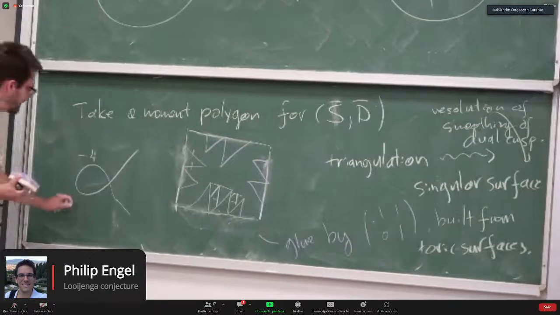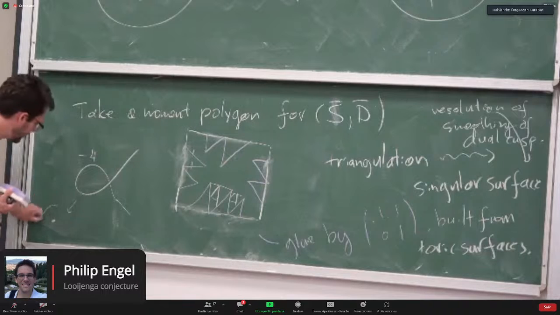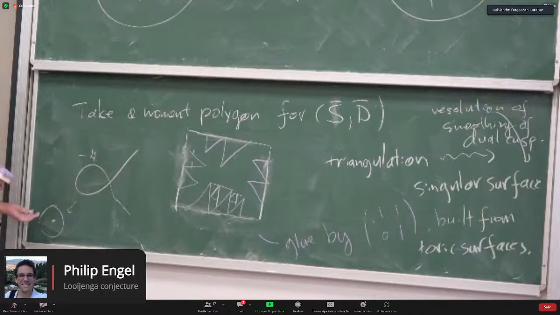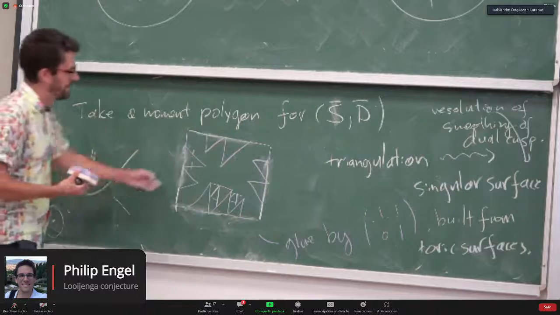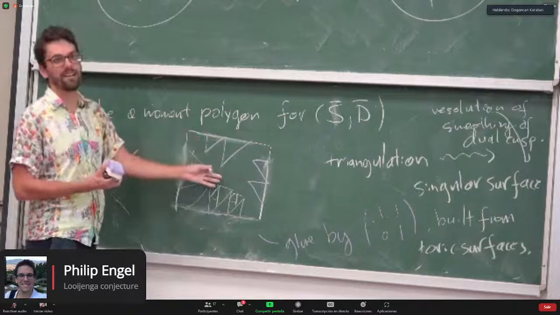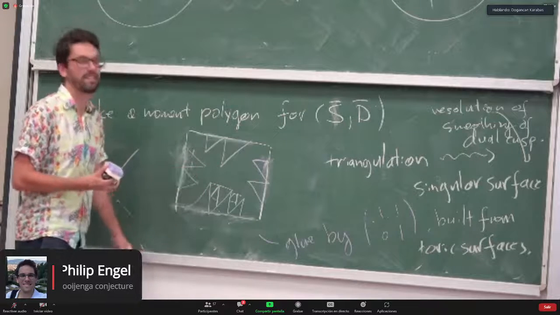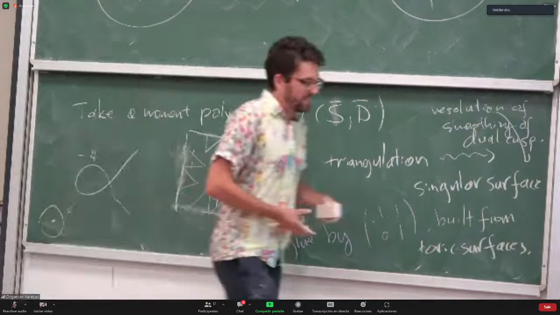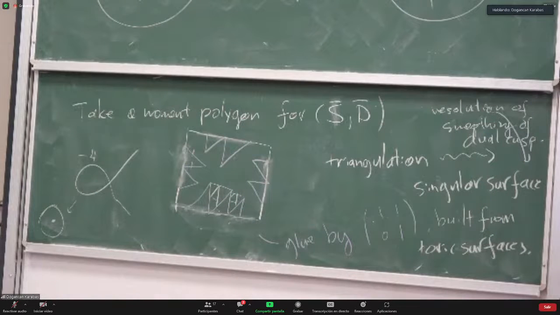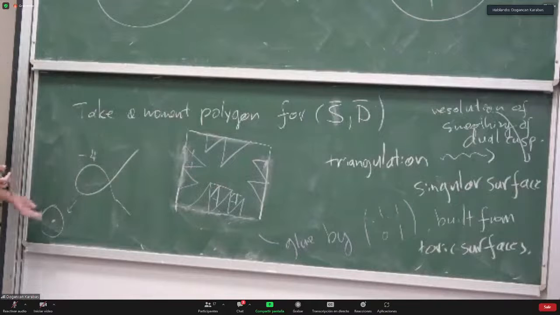So if we contract this to a point on some surface, then if we smooth it, the smoothing would have a resolution whose central fiber is encoded by this object. Maybe that's a lot of words. This encodes the combinatorics of a resolution of the smoothing.